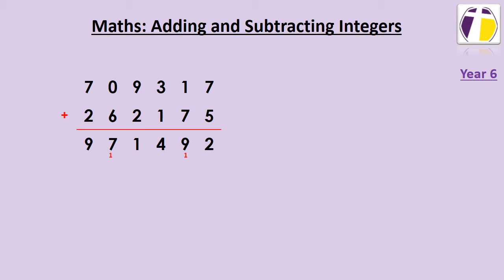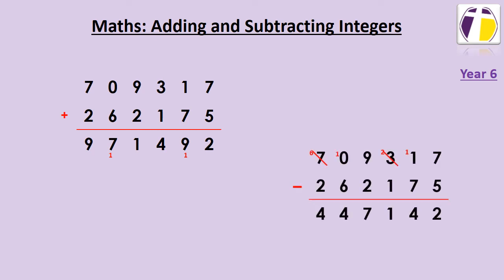And then again, you can see that when we've added 9,000 and 2,000, we've ended up with 11,000, which means we need to push our extra 10,000 across into the next column, making sure that when we add here, we don't forget to add that on. The total here of these two numbers is 971,492.